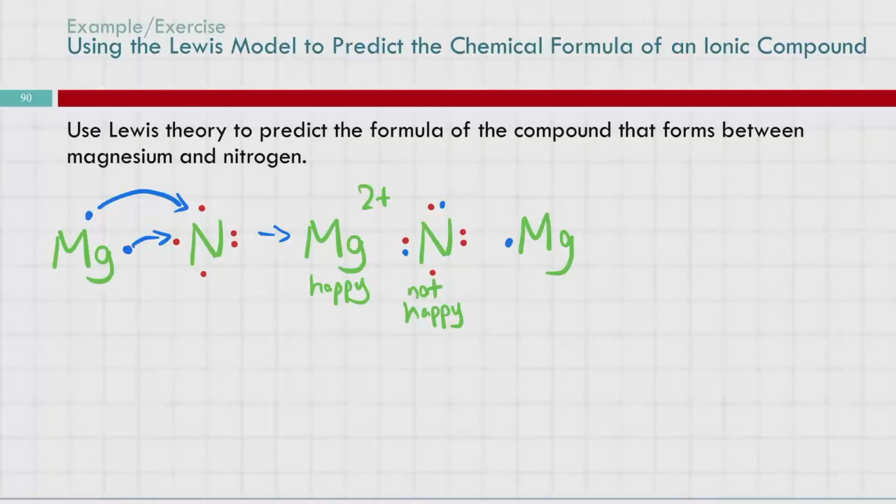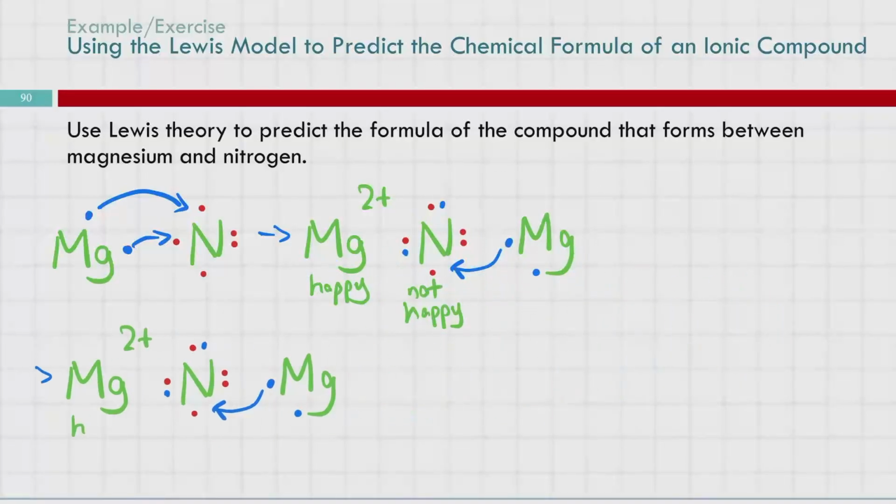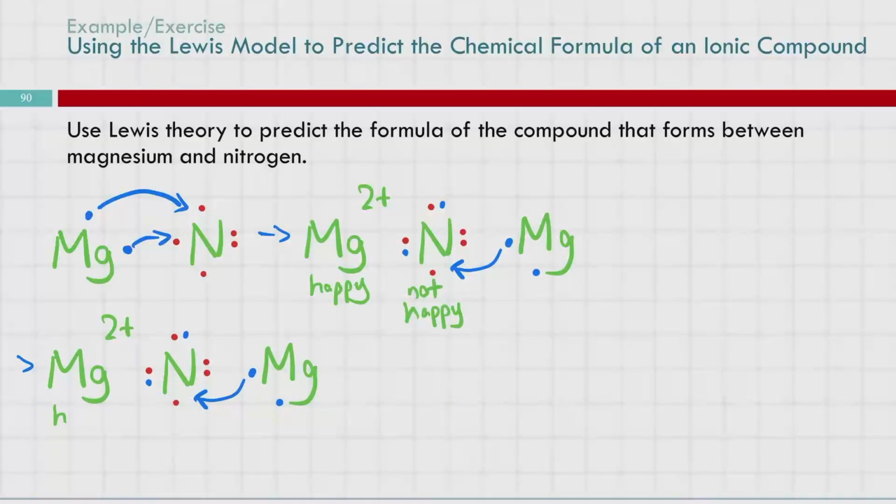So another magnesium comes along. How many electrons does this magnesium have? This one also has 2. So nitrogen is going to steal one of those. If you don't want to write along with all this, that's totally cool. I'm going to start doing shortcuts pretty soon here.